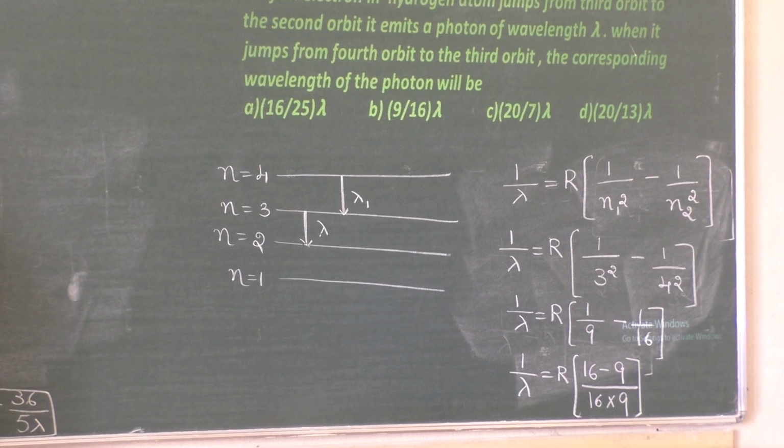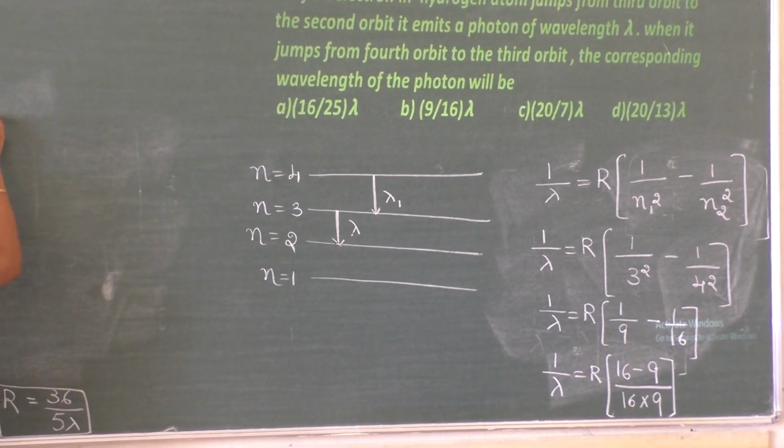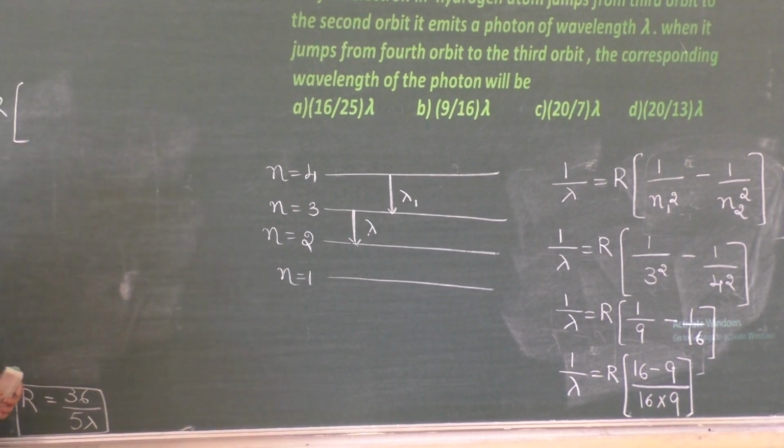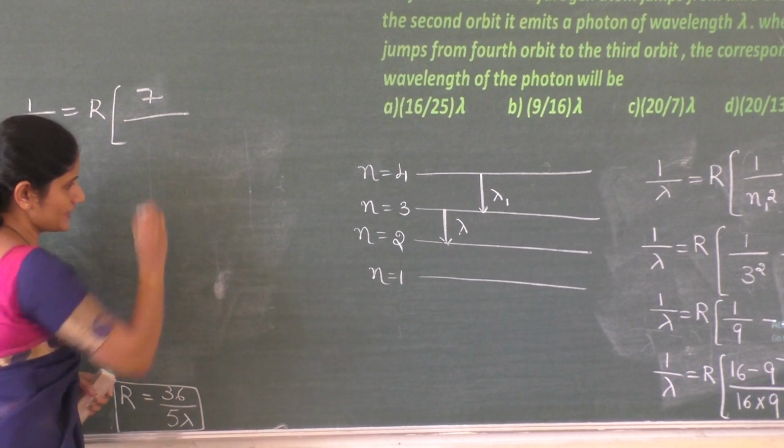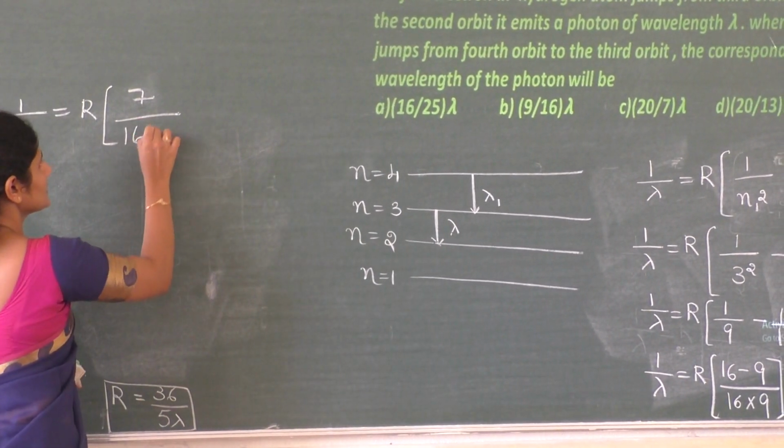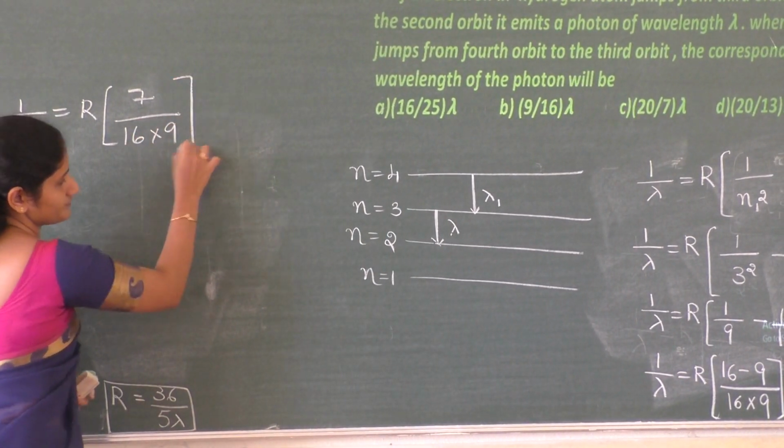So 1 by lambda is equal to R into 16 minus 9 is 7 divided by 16 into 9.